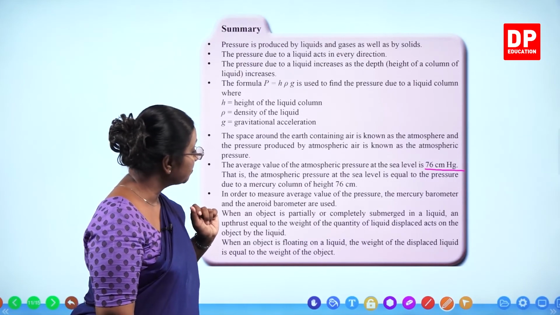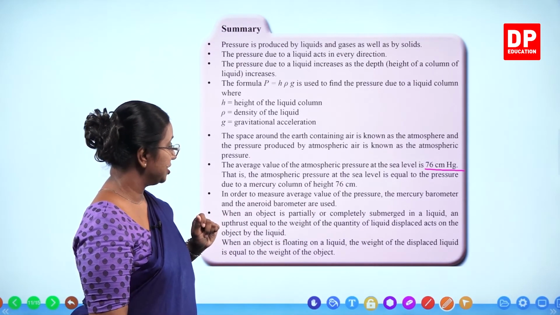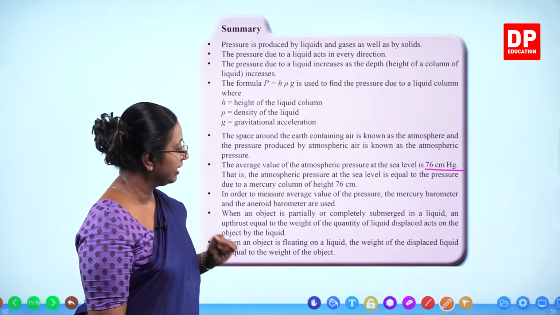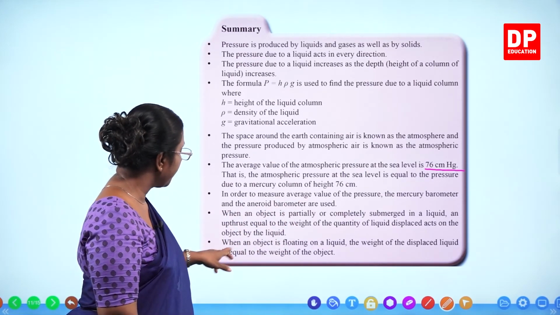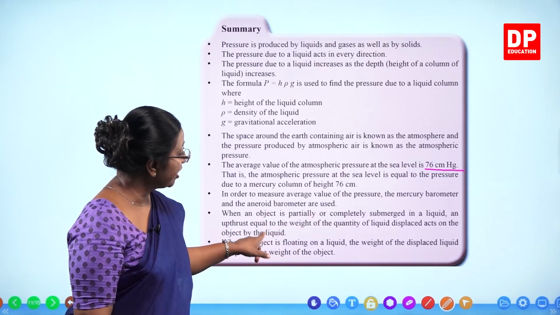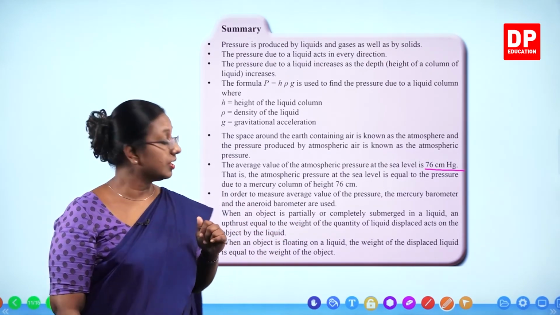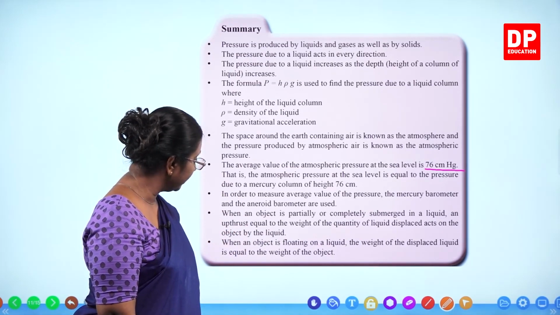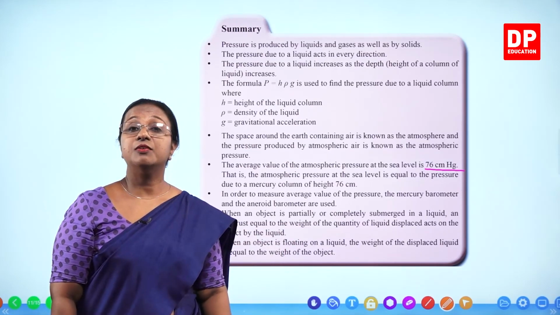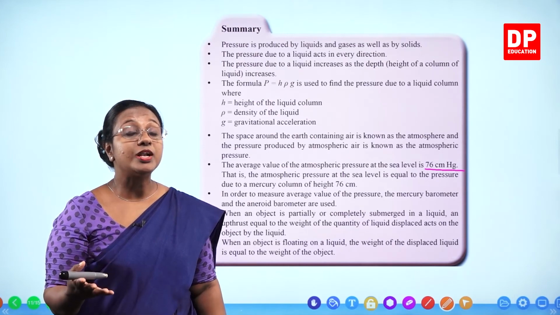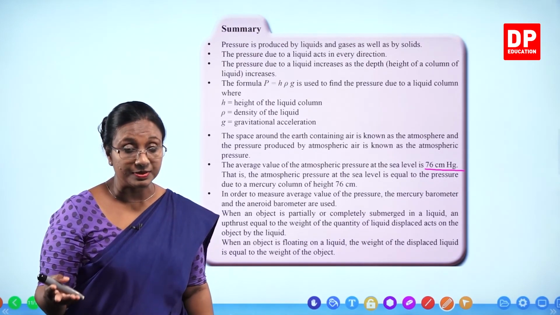When an object is partially or completely submerged in a liquid, an upthrust equal to the weight of the quantity of liquid displaced acts on the object by the liquid. That is what we discussed as the Archimedes principle.